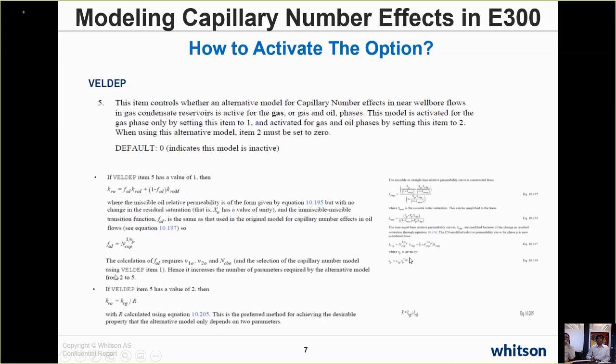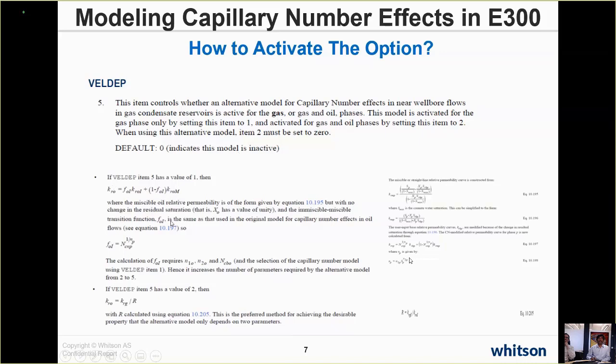Somebody, I think it was Osman, asked why we use item number 2 in item 5. Because this is the original one, where R is defined as KRG by KR, and it has only 2 parameters. The manual says that if you write 1, it will only activate for the gas phase.